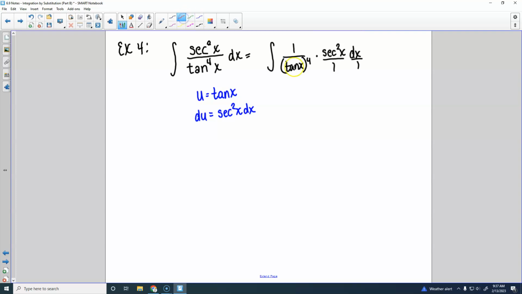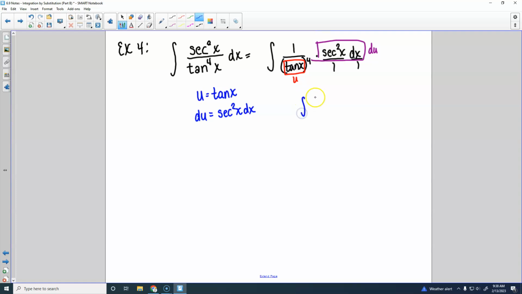So you can do this just in your head, or you can actually write it out like I've done here. So this tangent x is our u, and then we already have our whole du right here. So we are not going to have to add any coefficients or anything in this time.